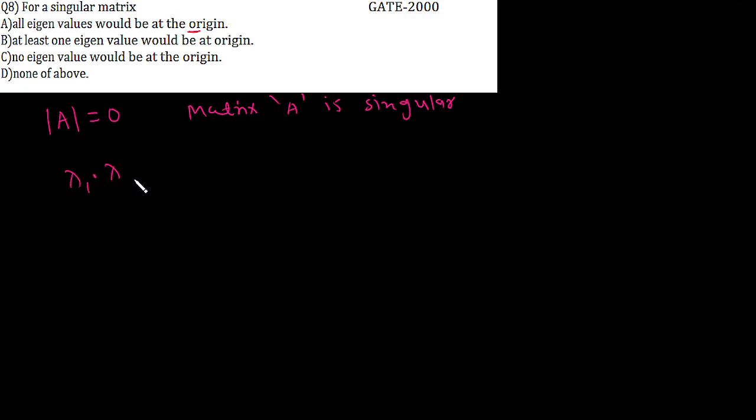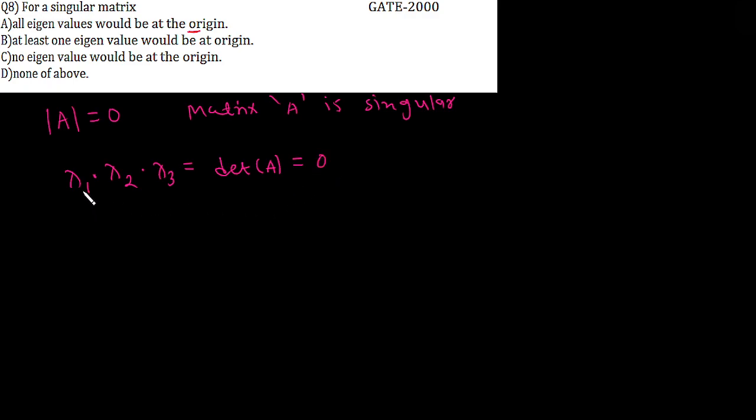Let's assume it has three eigenvalues, lambda 1, lambda 2 and lambda 3. If we multiply these three numbers, we get the determinant of the matrix A. Since the matrix is singular, the determinant is 0.